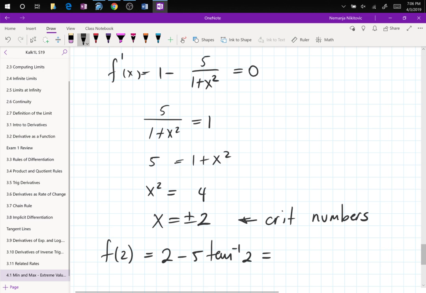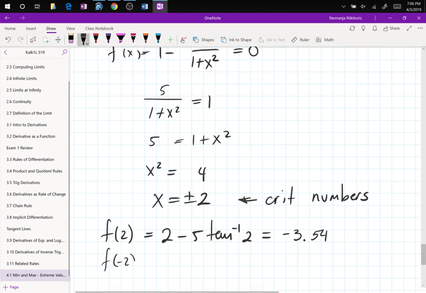Make sure you're in radian mode on the calculator, otherwise the whole thing explodes. 2 minus 5 inverse tangent of 2 is negative 3.54.